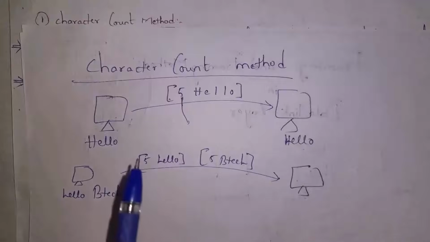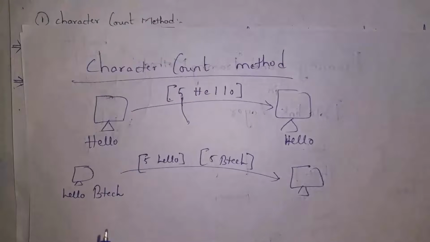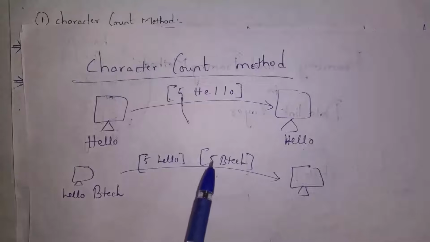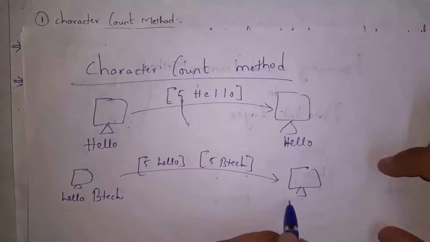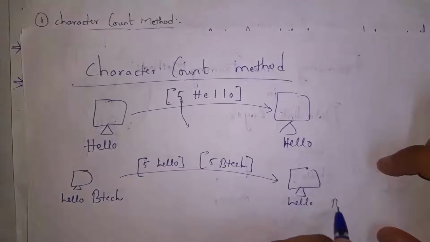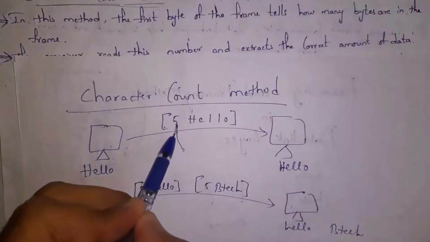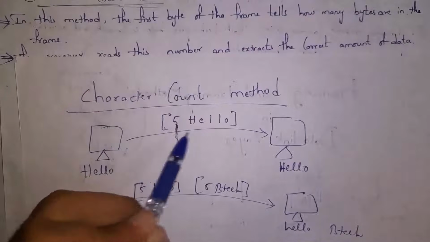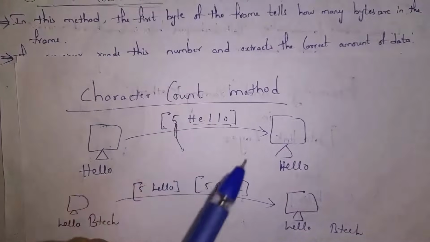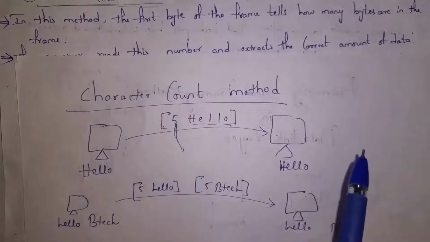At first the receiver reads 5 and understands that this frame contains 5 characters, so it reads 5 characters. Similarly, the receiver reads the other frame, as there are a total of 5 characters, and extracts the other 5 characters. So the receiver receives data like hello btech. So in the character count method, the first byte of the frame tells how many characters are present inside the frame, and based on this number, the receiver will extract and read the data.